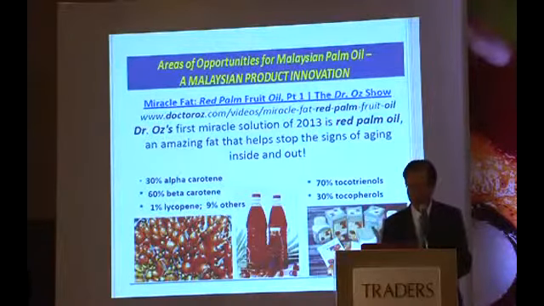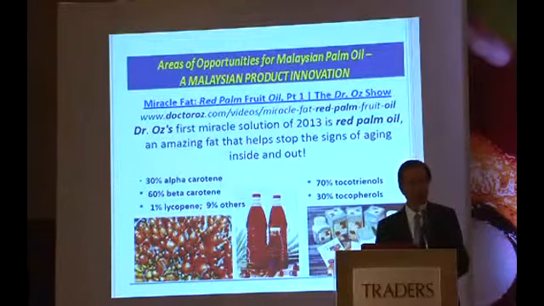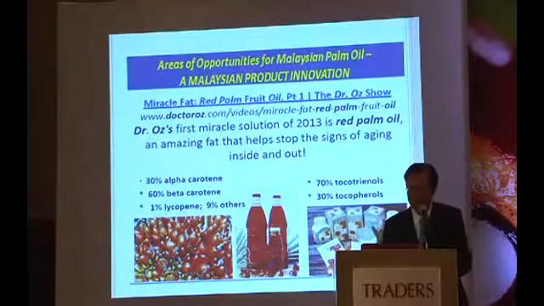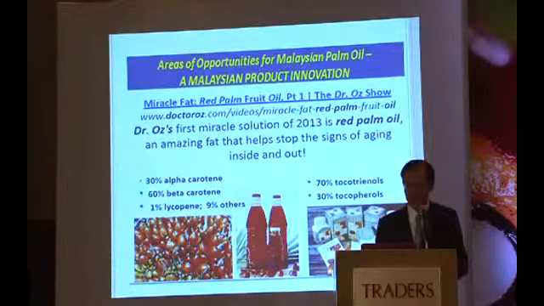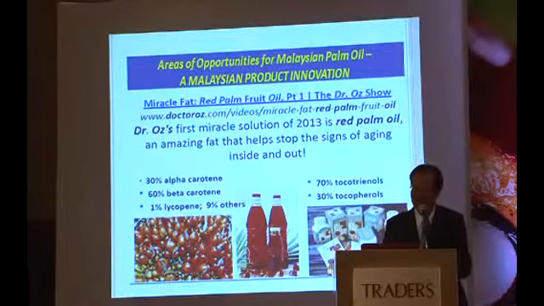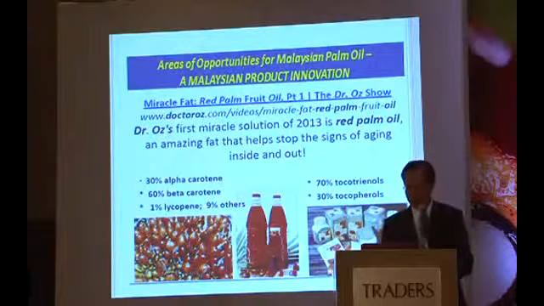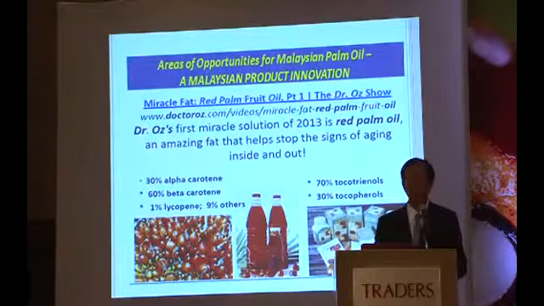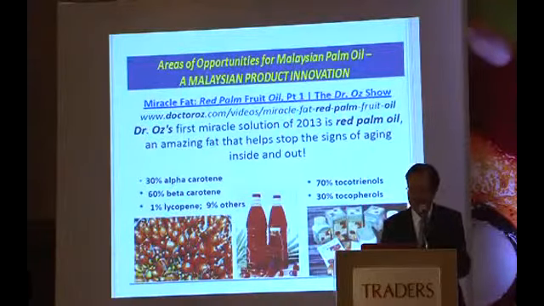Dr. Oz is part of the US television star or personality that announced that red palm oil was the first miracle solution for 2013 because this helps stop aging inside and outside, meaning that it is loaded with so much vitamins and antioxidants that palm oil is good for you, kind of thing.